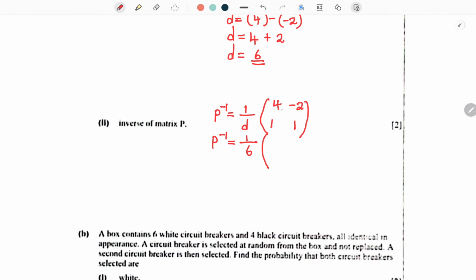Now, this is what is going to happen. The major diagonal, which is this 4 and 1, are going to exchange positions. The 1 is going to come here, the 4 is going to come here. Then the minor diagonal, you expect them to change the signs. Because this one was a negative, it's going to become a positive, so we're going to have positive 2.